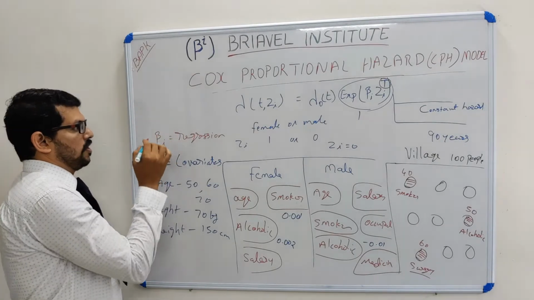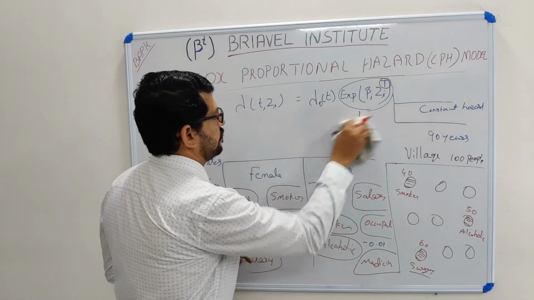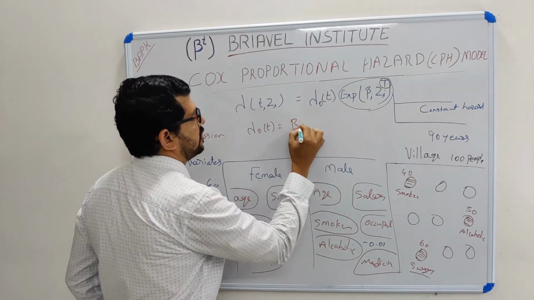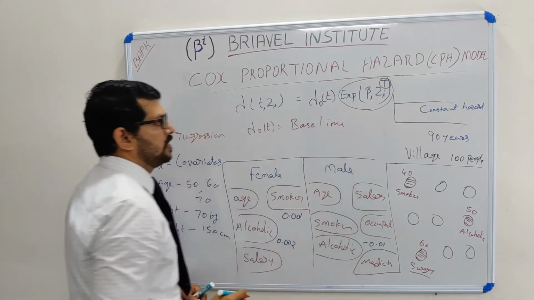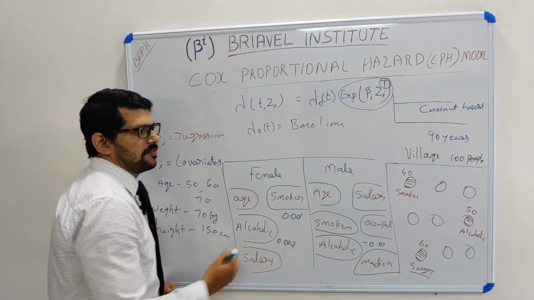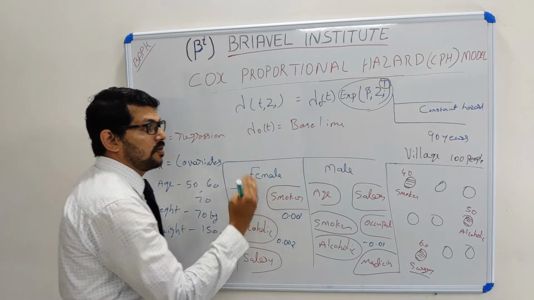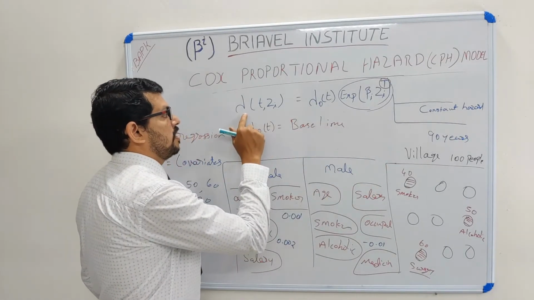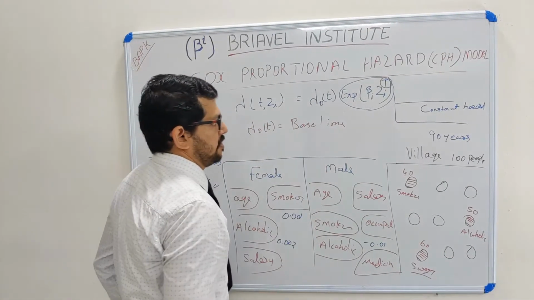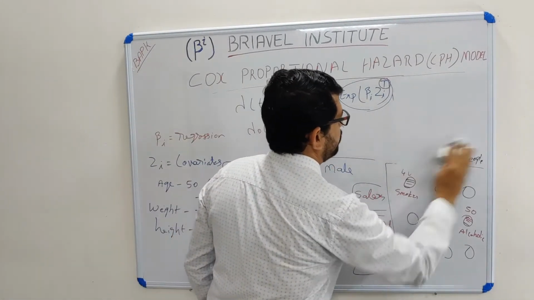This lambda 0 of t is called the baseline hazard. Baseline hazard means all the covariates are 0. There is no factor affecting their mortality. Then we can say the hazard rate is equal to the baseline hazard. We'll solve one problem to understand how to apply this equation.